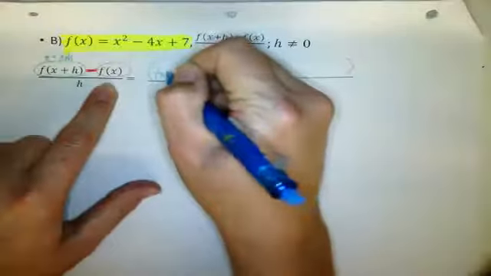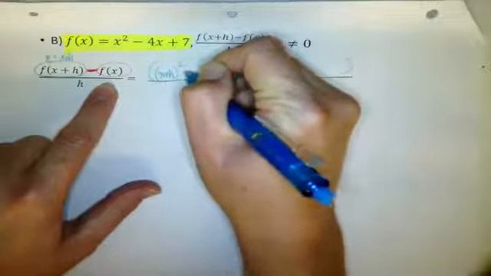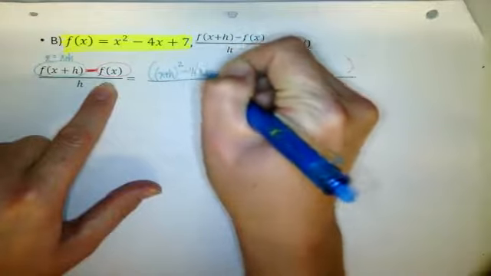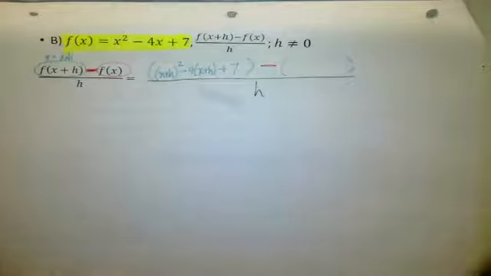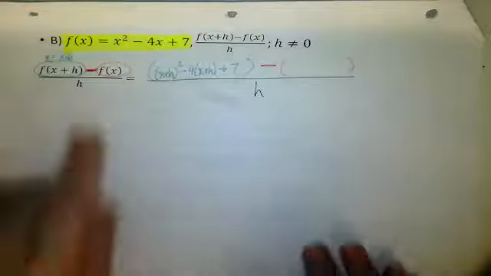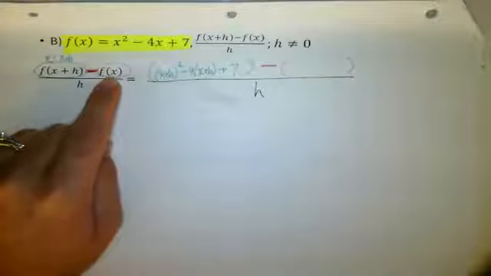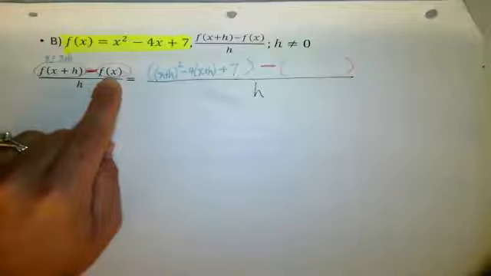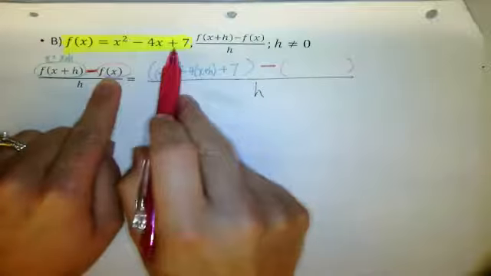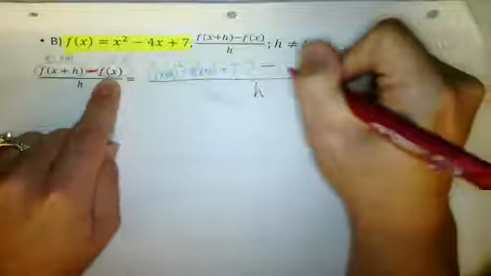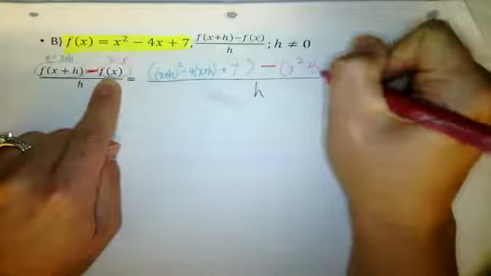So that's going to be x plus h, quantity squared, minus 4 times x plus h, plus 7. Minus f of x. What do we have to do for f of x? No, what is f of x? It's that thing. It's the function itself. X is equal to x. No change. Same thing. X squared minus 4x plus 7.